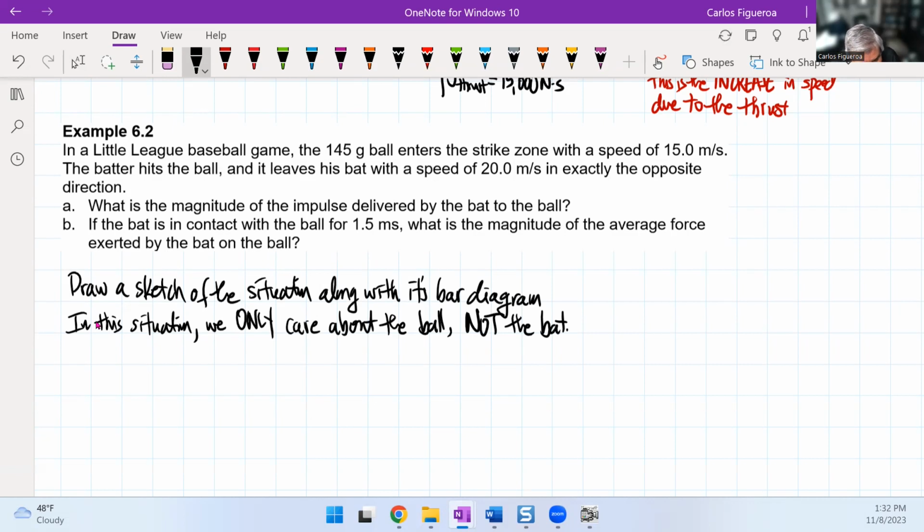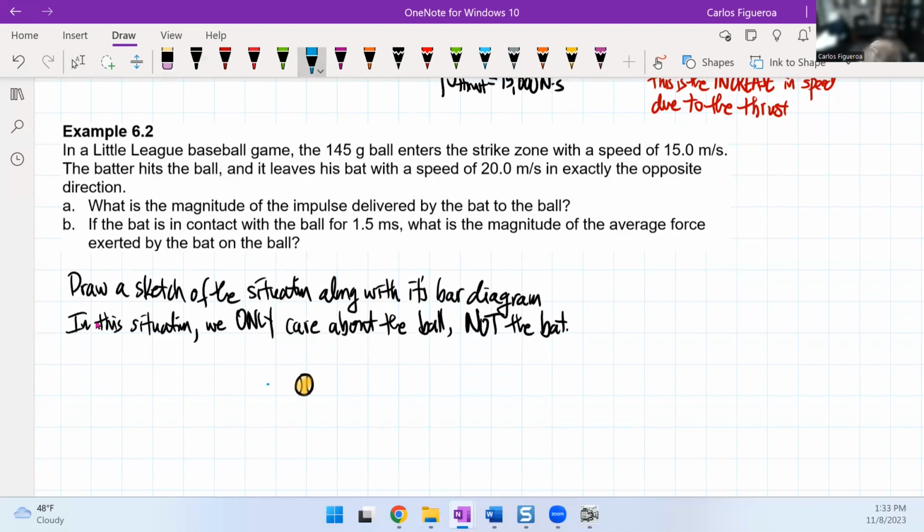So if you're looking at this in the language of momentum, what we see here is that we get something like this. I have a baseball. Okay, here's my baseball. So my baseball is coming in, and it's coming in with some speed, which we'll call V1, or else maybe I should start color coding these right away.